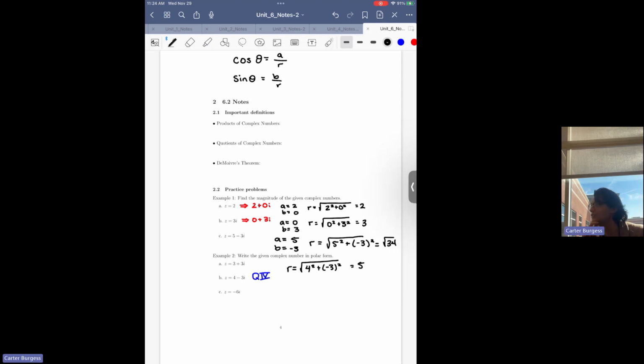So now we need to figure out theta. We're going to do this in the exact same way that we did before, where we write out the equations: cosine of theta is equal to a over r, and sine of theta should be equal to b over r.